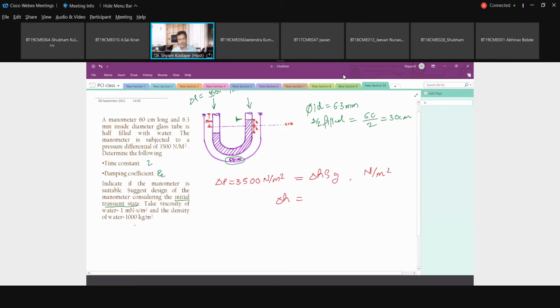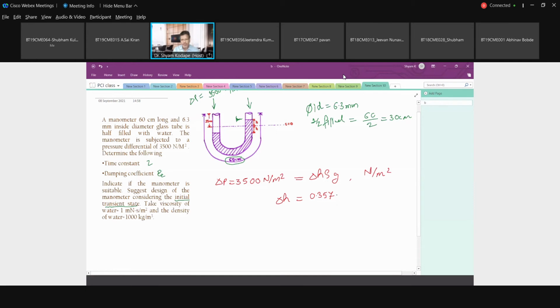चलो बोलो. It will be delta H, okay, so delta H is 0.356. Round off कर लेते हैं 0.357. But what is delta H? Delta H is nothing but it is going down by this height and it is rising by this height.